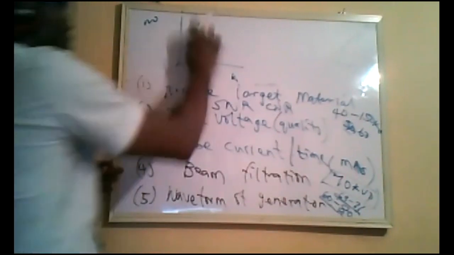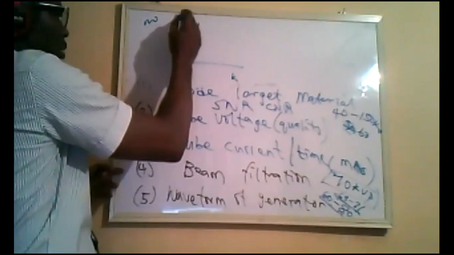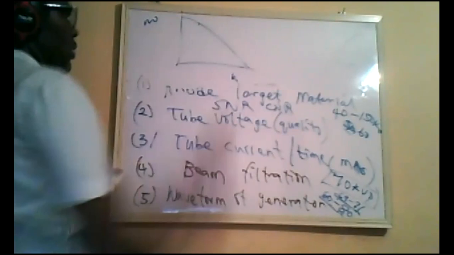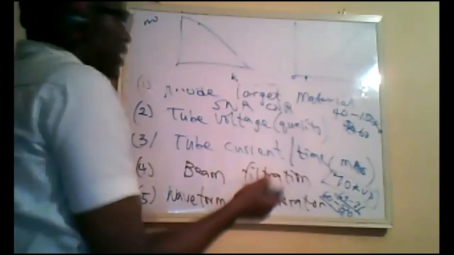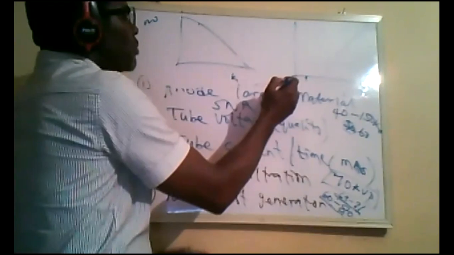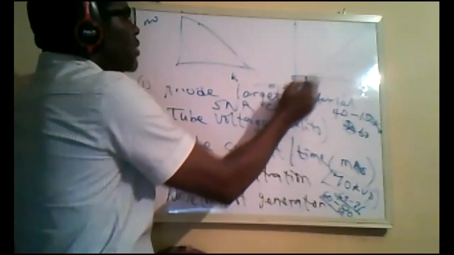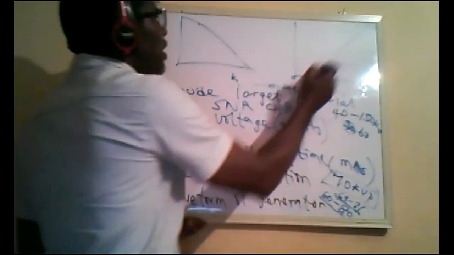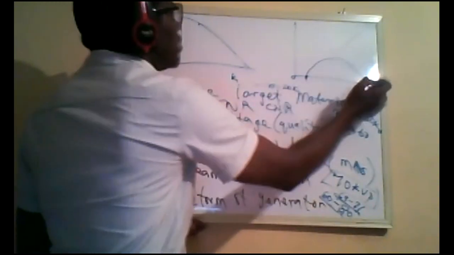If this is not filtered, you're going to have a long curve that way. Or if it is filtered, you're going to have something like this, depending on where the filter is. If the filter removes from the minimum to around 20 kV, the curve is going to start from here. So remove from 0 to 20, you now have something like this.